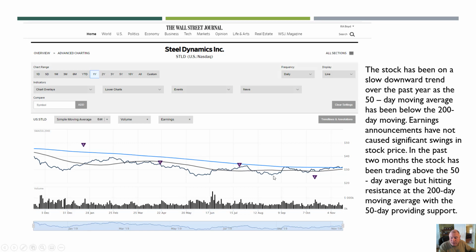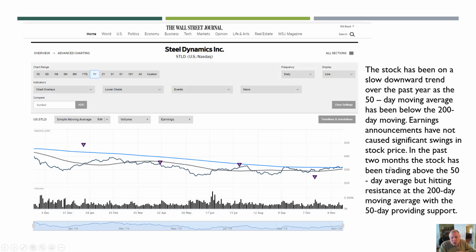Earnings announcements, as you can see, have not caused a major increase in the stock price. But what we're seeing is a slight movement up. So what I would say, it's been on a downward trend over the past year, as the 50-day moving average has been below the 200, blue being the 200, black being the 50-day. Earnings announcements, here, and here, have not had a material impact on the stock price.